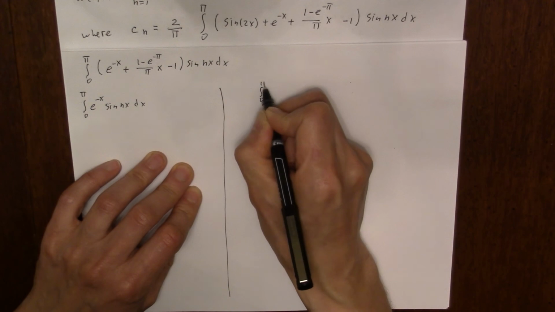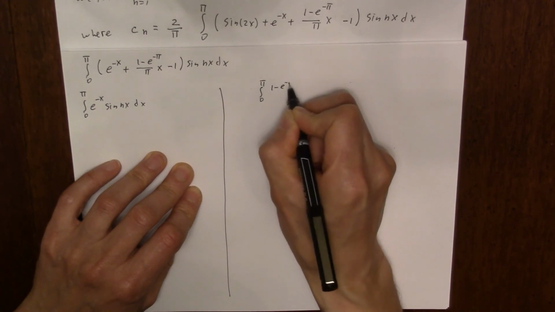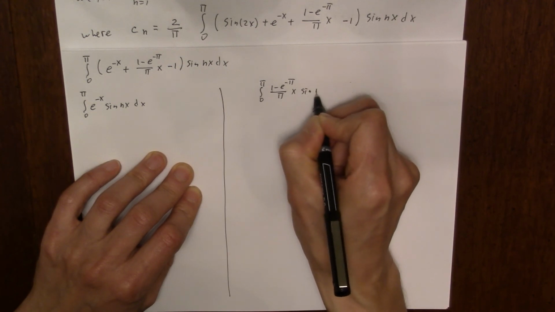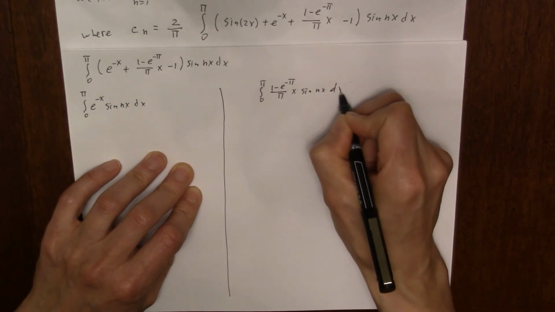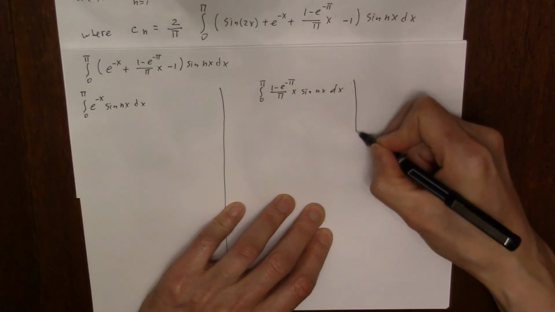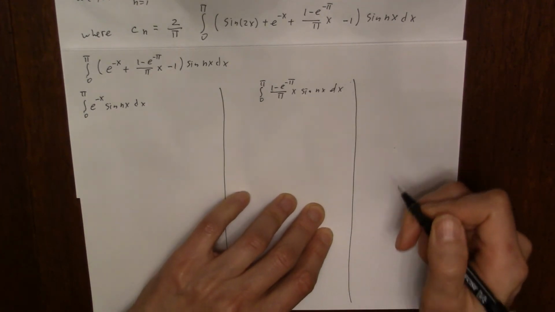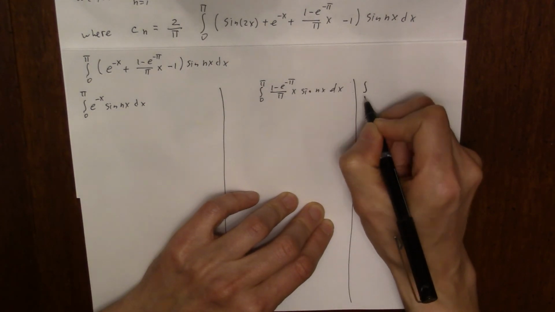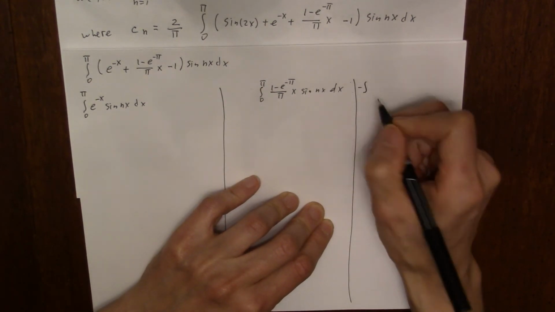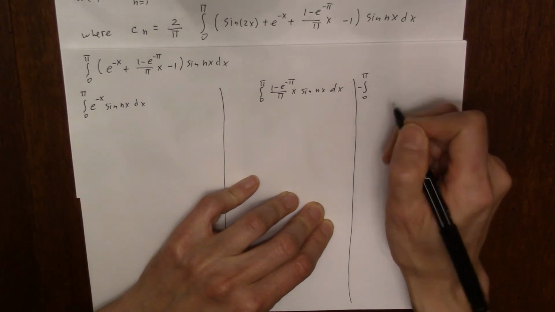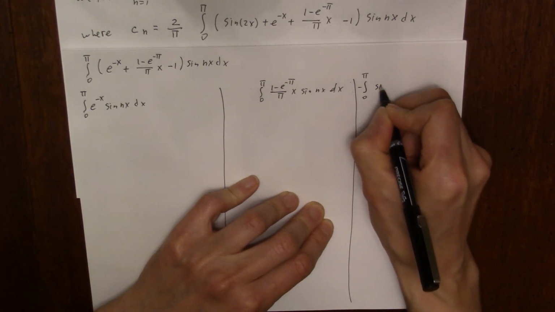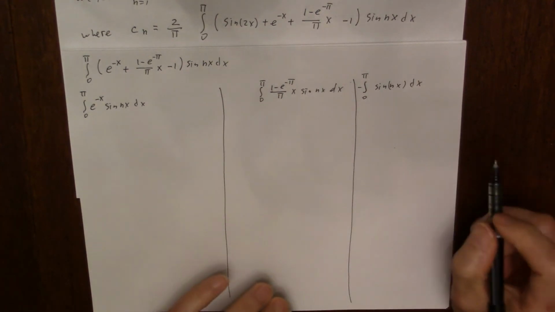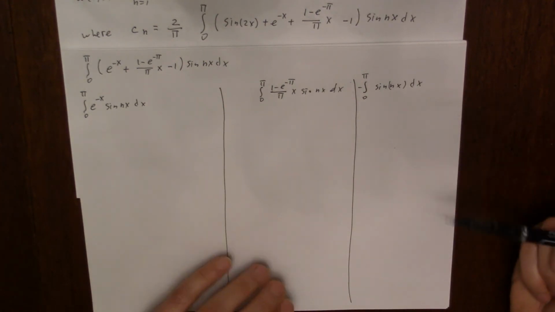Integral 0 to pi 1 minus e to the negative pi over pi x sine of nx dx. And the last one is going to be integral of, let's put minus in front, 0 to pi sine nx dx. I'll start with the easiest one, the last one.